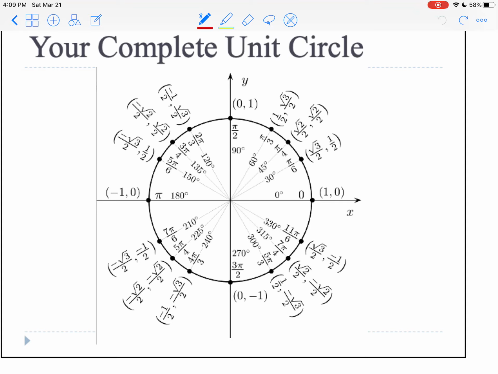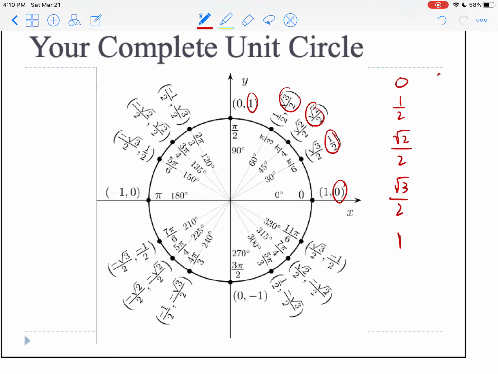What I'd like you to understand is that you have to memorize this, and probably the easiest way to remember is that if we talk about sine and we're starting at 0, then the next value is 1/2, and then the value above that is root 2 over 2. The value next is root 3 over 2, and then we have 1 as a y value at the top of the first quadrant. So the first quadrant is really what you want to memorize, because all the rest of the quadrants follow from that, and we're going to talk about that in just a minute.